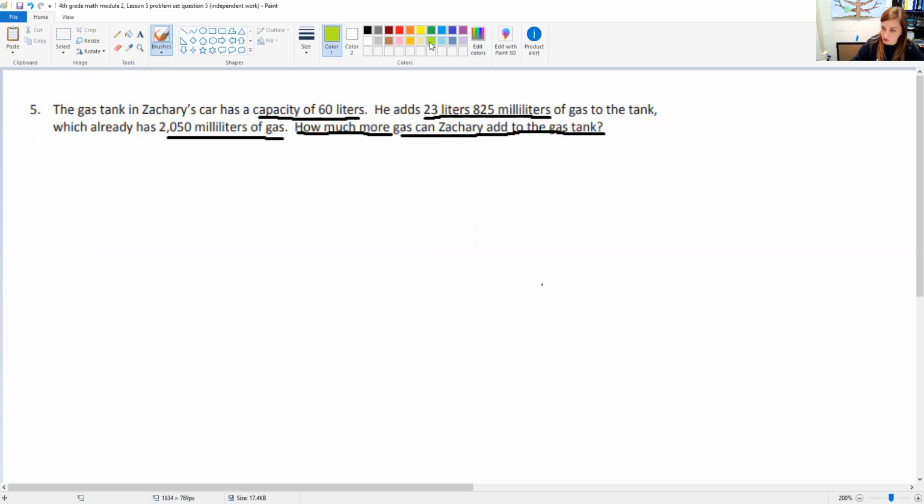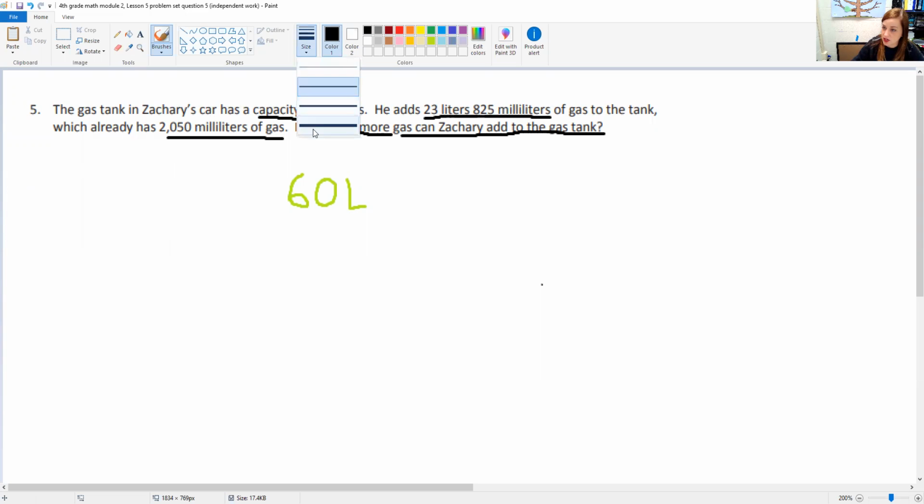We know that the whole gas tank is 60 liters, right? So that's information we know for sure, because we know his car has a capacity of 60 liters. And we also know that he adds this much, the 23 liters, 825 milliliters to the tank, but it had to have started with some gas, which was this amount. So let's start with that amount first.